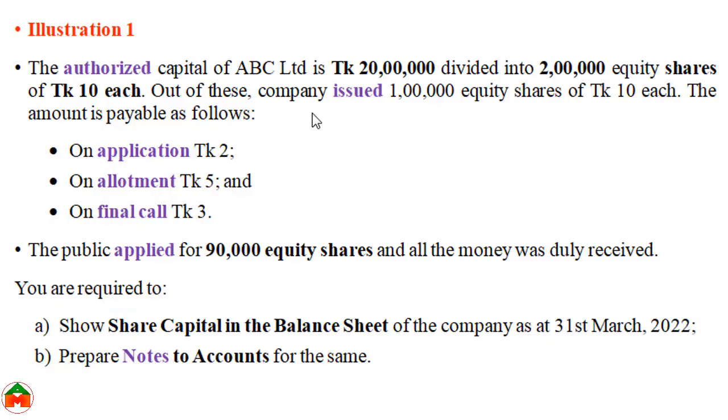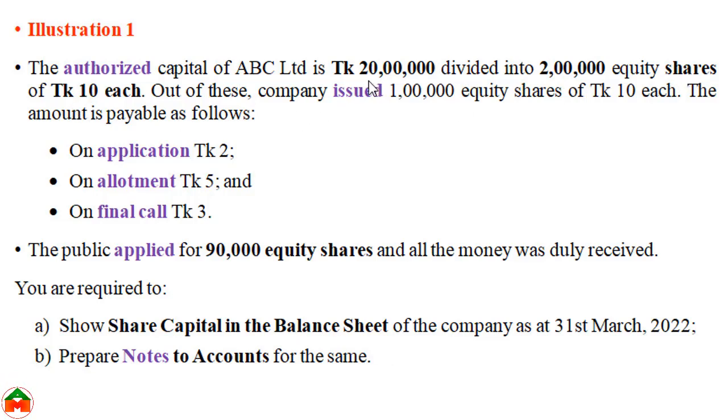Here is an illustration or example by which you can get a practical idea how to disclose the subcategory or subdivision of share capital. Suppose the authorized capital of ABC Limited is 20 lakh, divided into 2 lakh equity shares of taka 10 each.